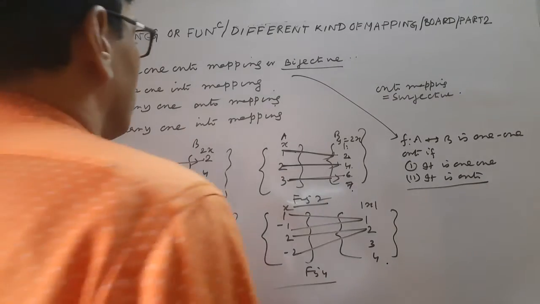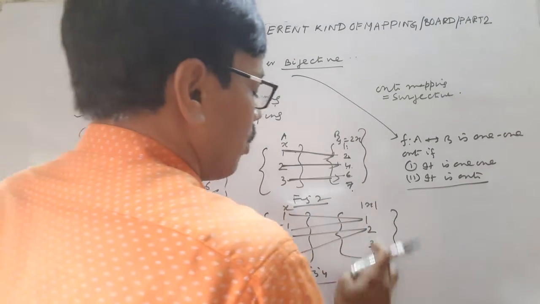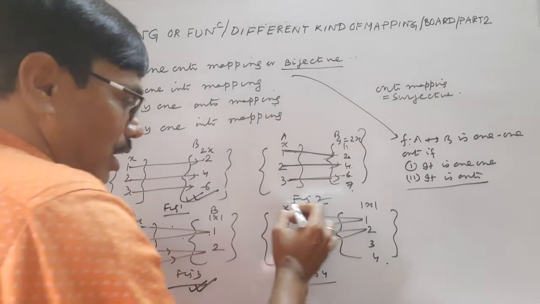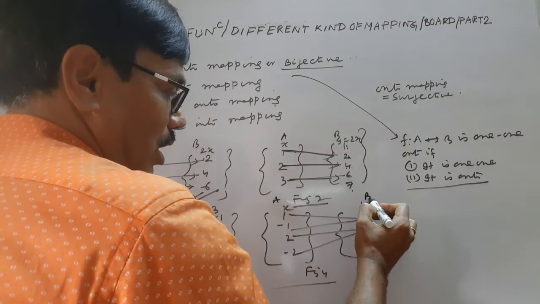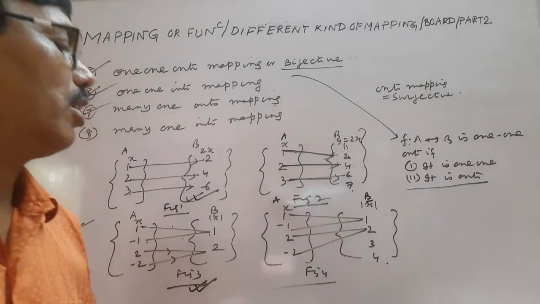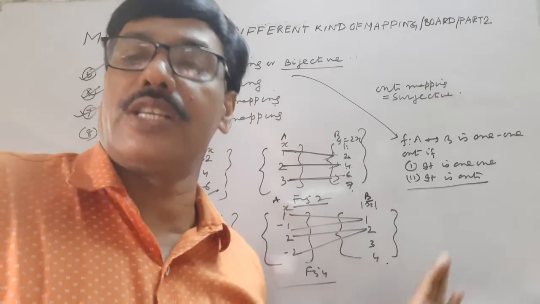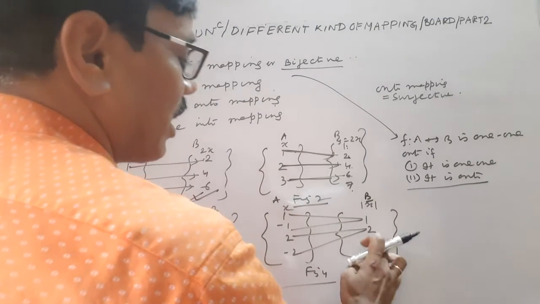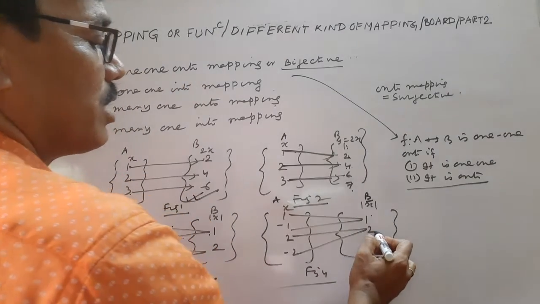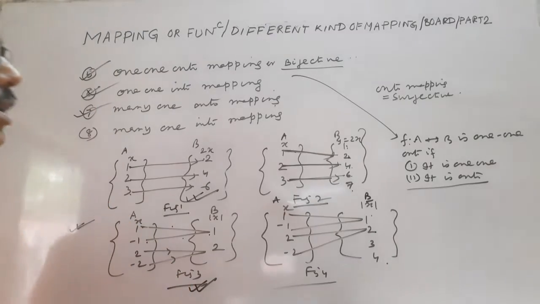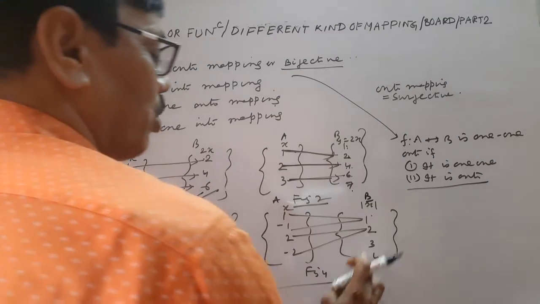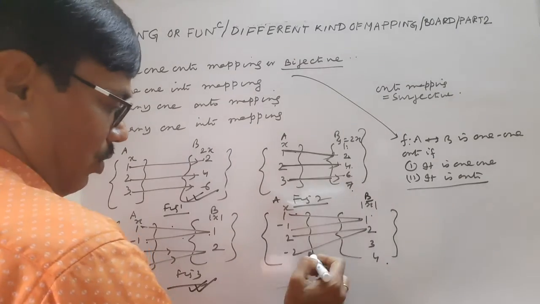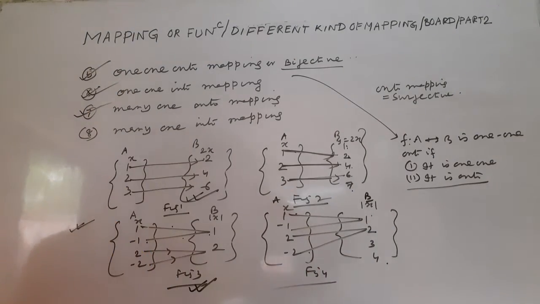And many one into means there will be some more elements in B which are not images of any element of A. So here 3, 4 are extra. 1, 2 is the range. 1, 2, 3, 4 is the codomain. So range is a subset of codomain, this is into, and obviously this is many one.